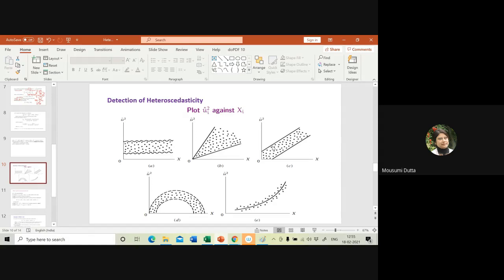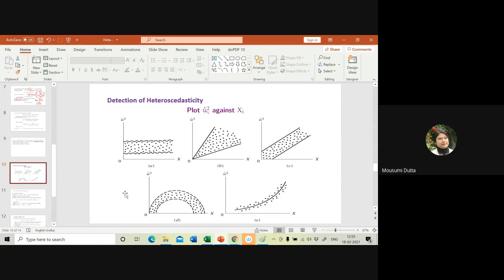So here I have presented different shapes. If there is this kind of pattern between the residual square and xi, there is a possibility of heteroscedasticity. If there is no pattern in this kind of presentation, in that case, probably the situation is homoscedastic. Okay, I mentioned graph is not a formal method or objective method.